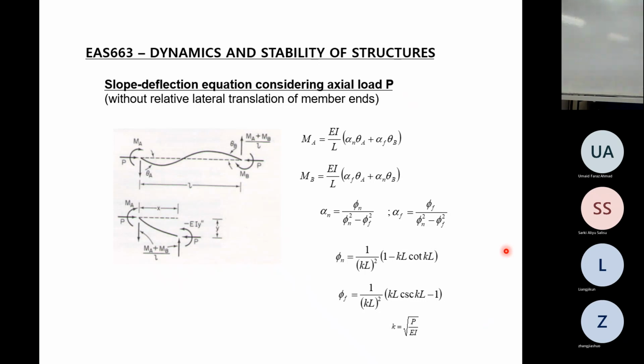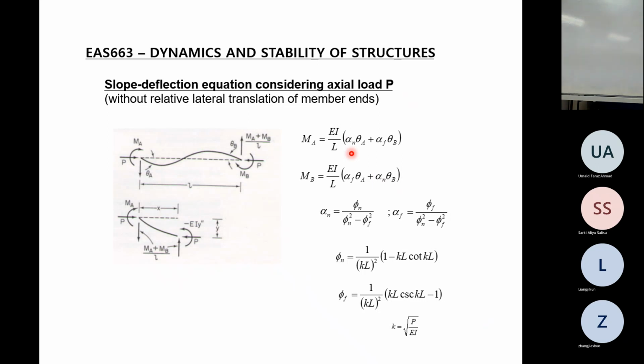And the second set is for the detail of this alpha n and alpha f, which are coefficients representing the bending stiffness, because you need to multiply alpha n with EI over L. So EI over L multiplied with alpha n gives you the bending stiffness.